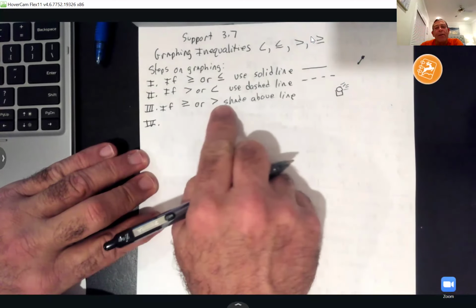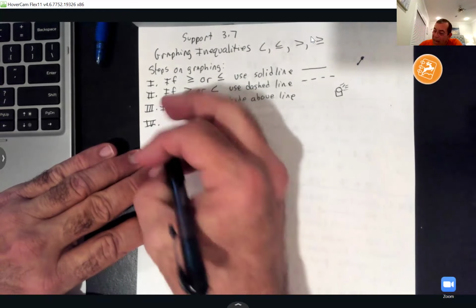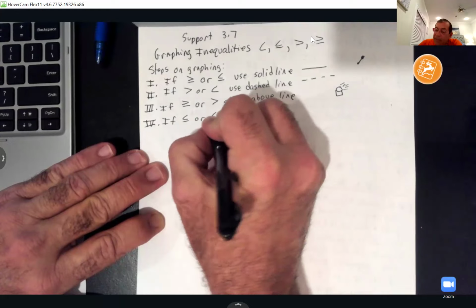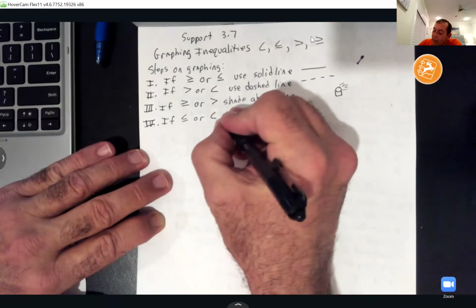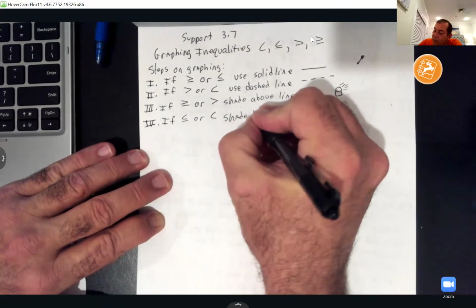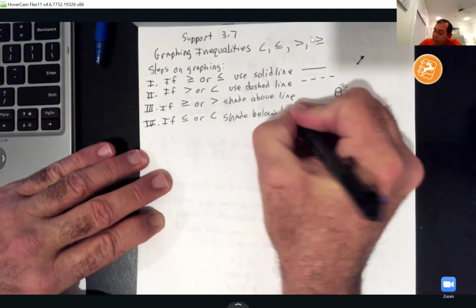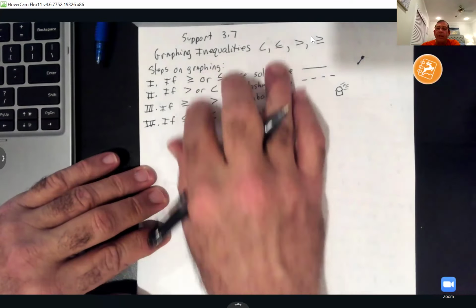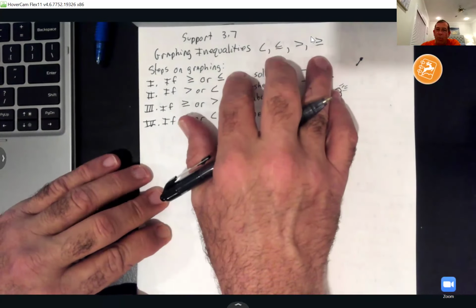So if greater than is shaded above the line, then the less than and less than or equal, they're going to shade below the line. Okay. So when we get to the inequalities, this is what we're going to do.